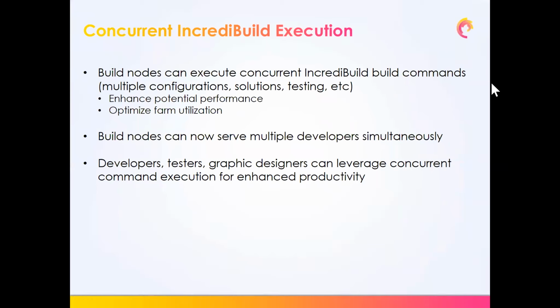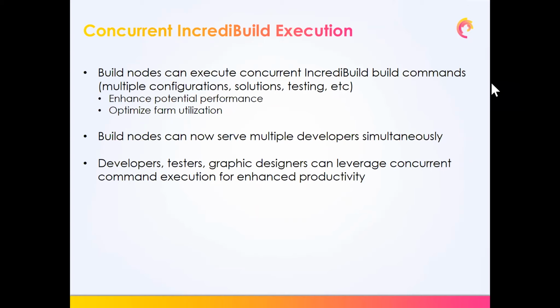I decided to start with one of, I think, the main features of IncrediBuild. It took us a lot of effort to provide that, and that's the ability to execute concurrent IncrediBuild executions. So essentially, now with the IncrediBuild Enterprise Edition, build nodes, and when I'm saying build nodes, I mean, for example, TFS agents or Jenkins slaves, can run multiple IncrediBuild commands in parallel.